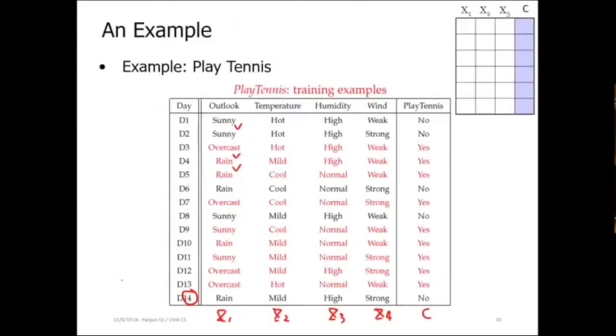In the end, I just need to count this combination. This is a combinatorial set, right? How many times does this combination appear over all the training data, conditioned on a specific C?